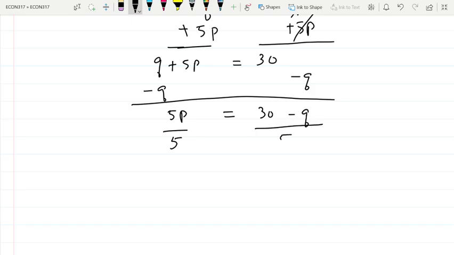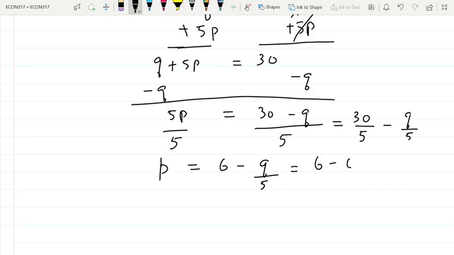Remember, when I am dividing the right hand side, 30 minus Q over 5 is the same as 30 over 5 minus Q over 5. So now I have P on the left hand side, 30 over 5 is 6, minus Q over 5. Some of you may even like to write it as 1 over 5 is equal to 0.2, so 6 minus 0.2Q.